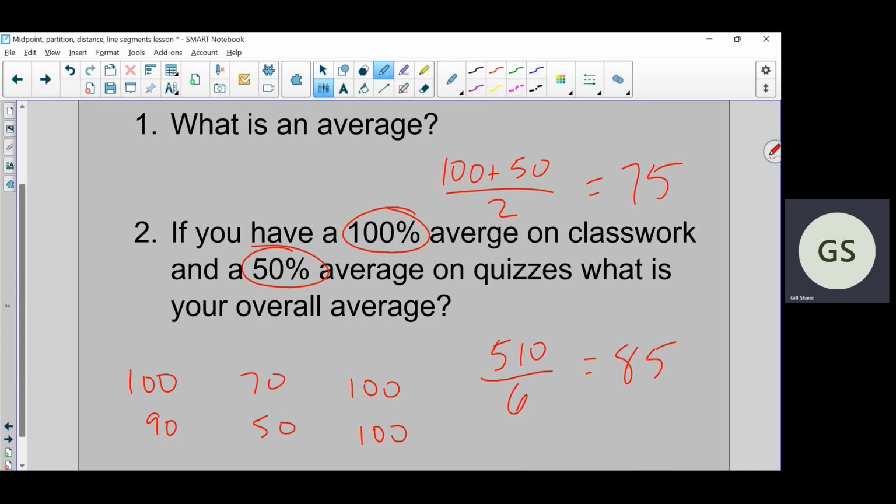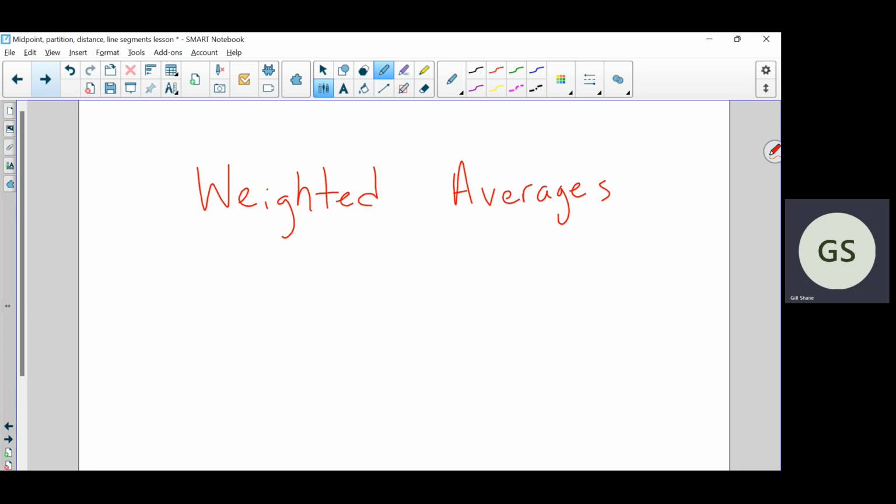Our grade in the class would be below 75 because we only got a 50% here, and that 50% is weighted more heavily than the 100 on our classwork. I was just doing that to catch the recording up.